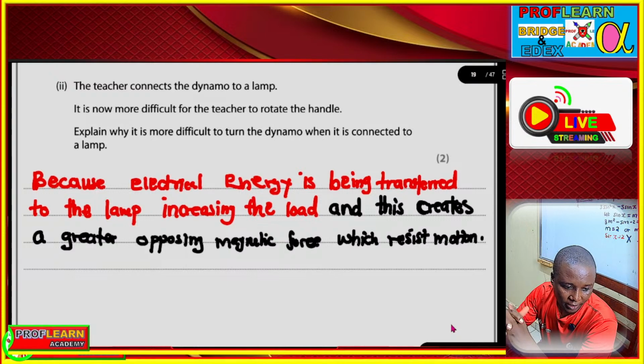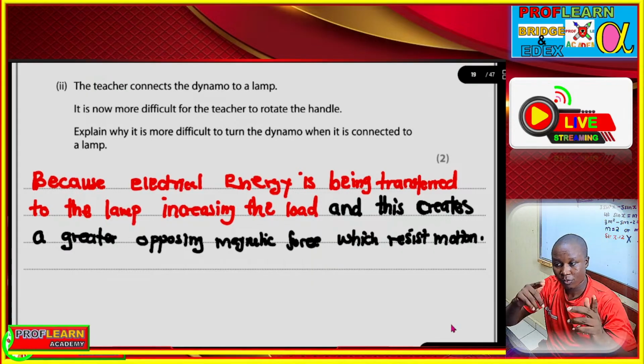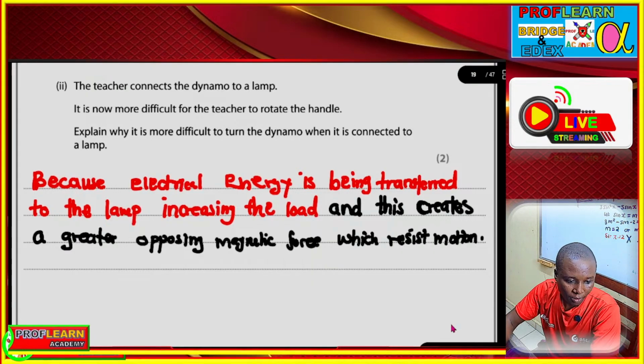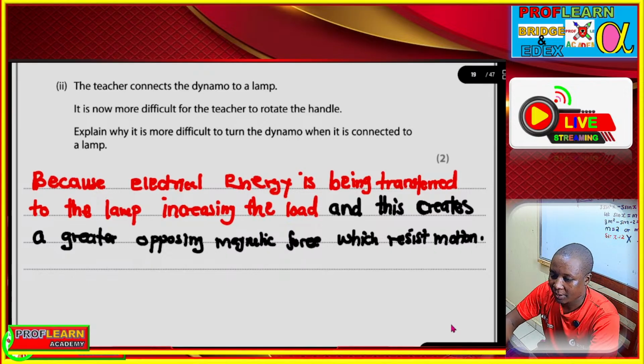Red for life 100, check in my channel. I've done a prediction of GCSE paper 1 and paper 2. So for paper 2, this is not for you. Red for life 100. And Clegg White, kindly make sure you let me know where you are confused, so that I can be able to help you out.